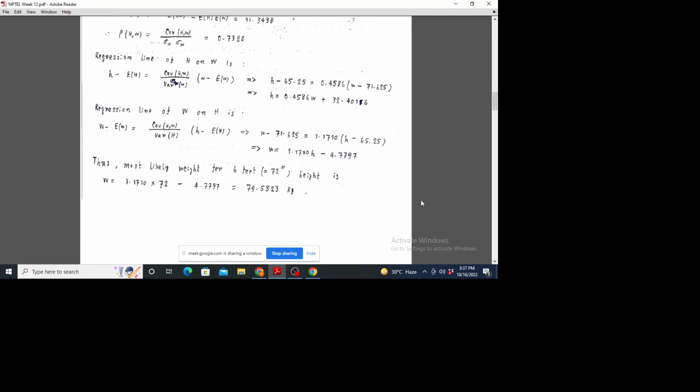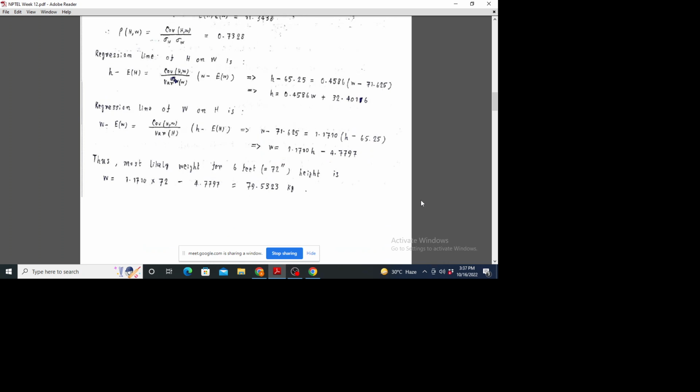Substitute these values and you will get the slope of the regression line of W on H as this one, and then perform the calculation, and you will get this line as the regression line of W on H. Again, this constant coefficient differs by a little from the one given in the option. So this is the answer.